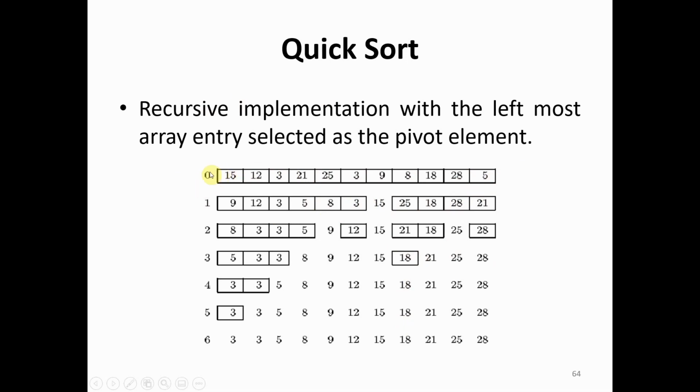If you have an array which is reversely sorted, and you choose the pivot as the last element, you end up with a subarray of size n-1 and another subarray which is 0. So this is basically not working out because we are not reducing the size that much. It's reducing only by one element.